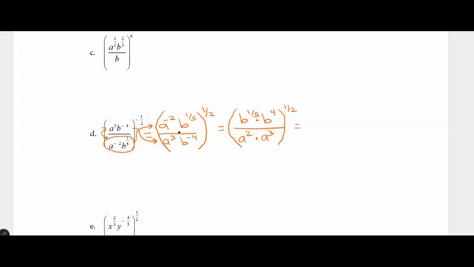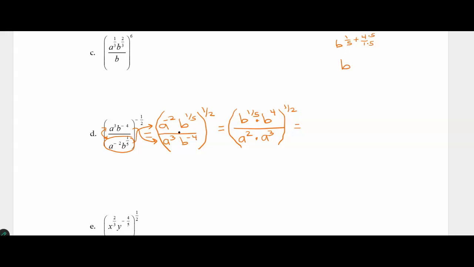All right, so if you need to, so this b to the 1/5 times b to the 4th. Remember, if it's connected by multiply, we've got to add those exponents. So I'm just going to do a little side work over here. So b to the 1/5 plus 4, or 4 over 1. And then I need to have a common denominator, which is going to be 5, so I need to times both of them by 5.